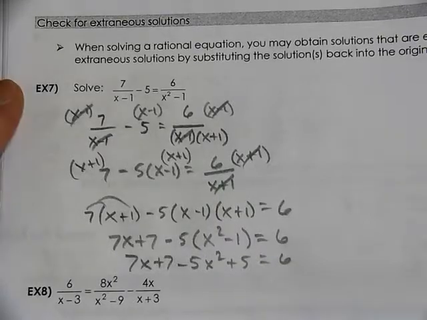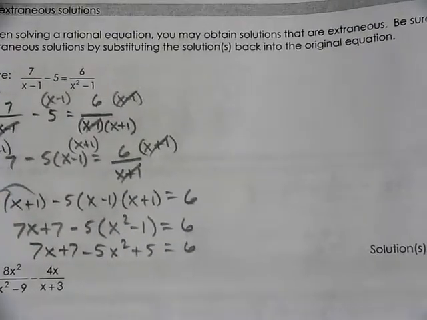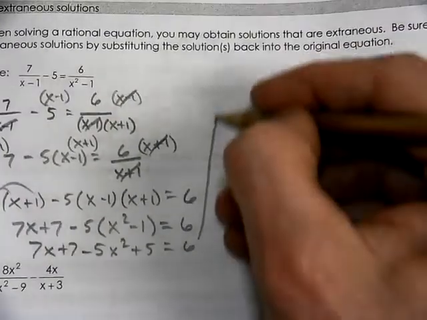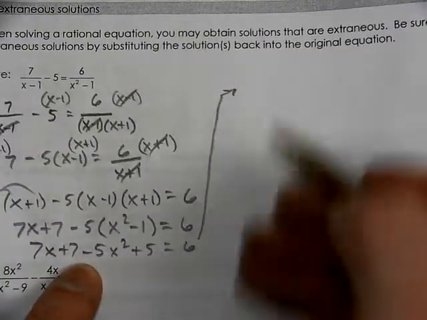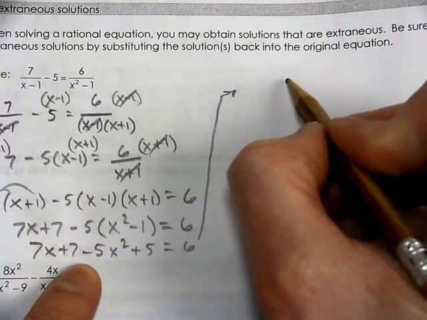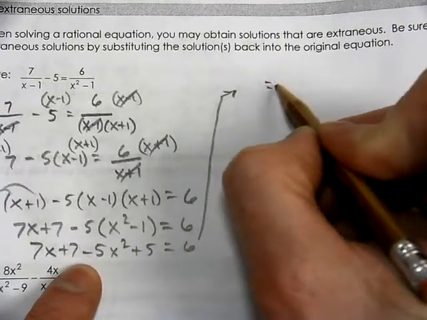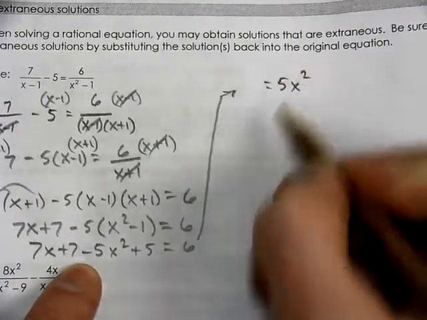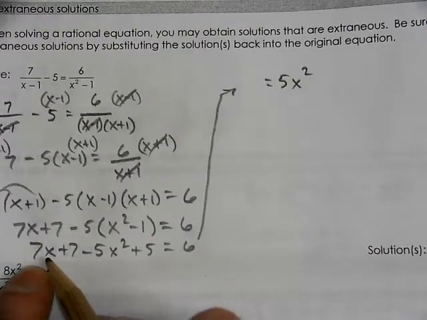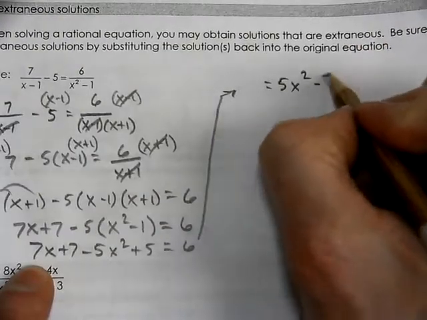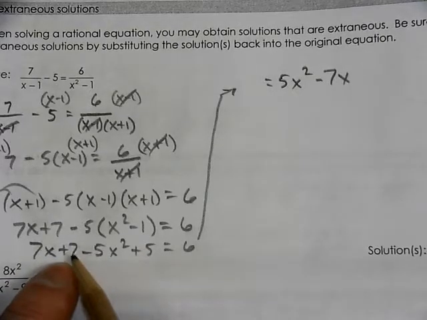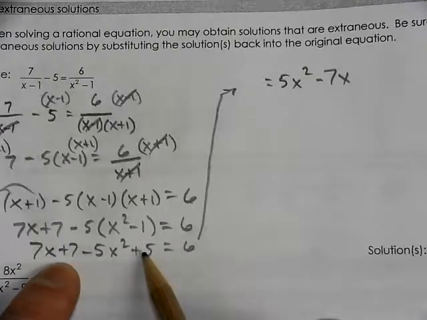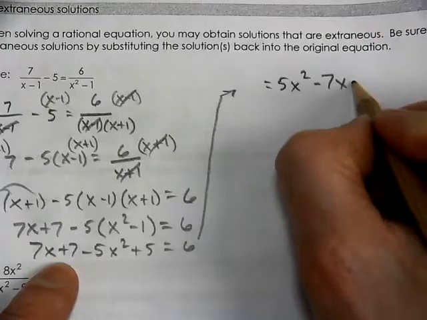Now we need to get all the terms on the same side of the equal sign. So I'm going to add the 5x squared to the other side. I'm going to subtract the 7x to the other side. And I'm going to subtract what would be a 12 to the other side.